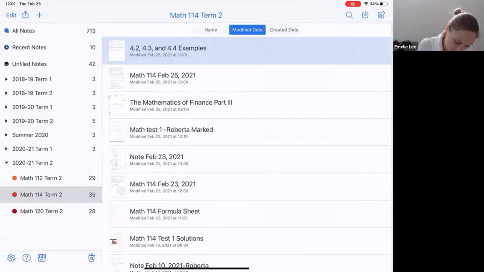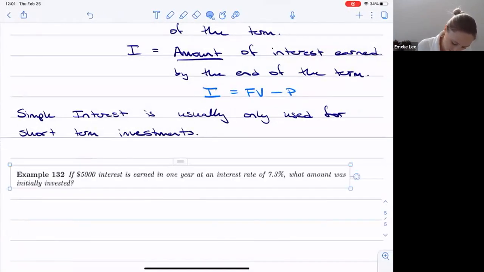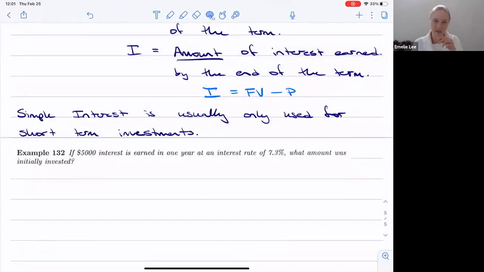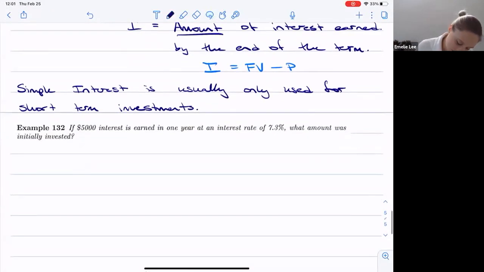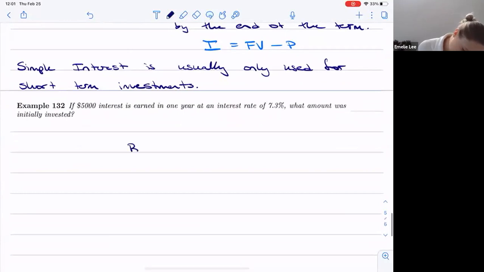I'll bring in this example, and then I'll give you a little break before we actually do this, but I wanted to have it on the screen so you can look at it and maybe try it out. Let's have a quick break until 11:10.